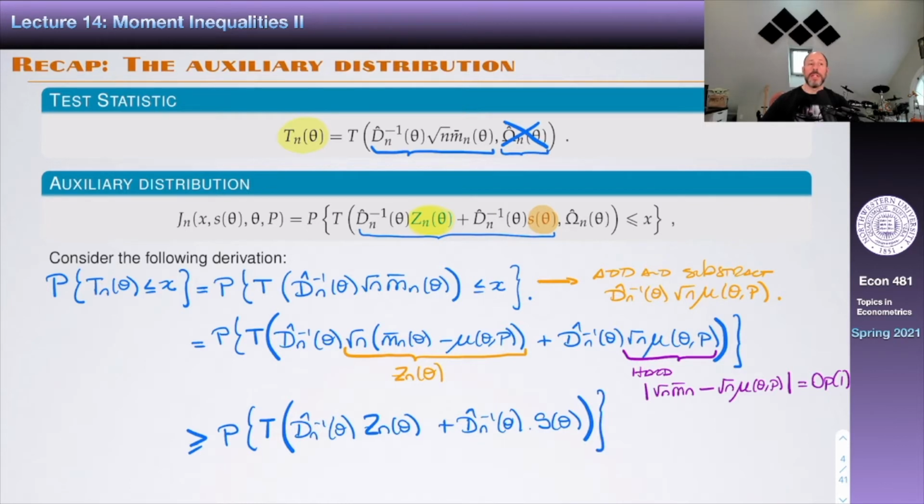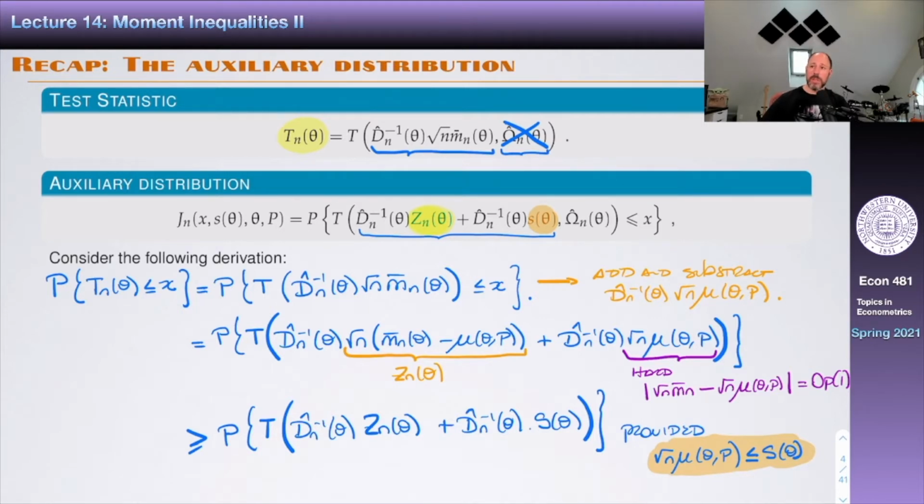So the probability on top is greater than or equal to the probability at the bottom, provided the square root n mu(theta) is less than or equal to S of theta. Okay, and why is this the case? Because the test statistic is monotone.